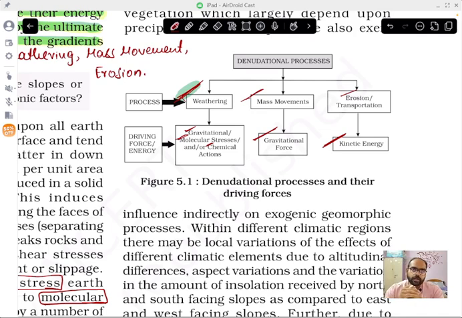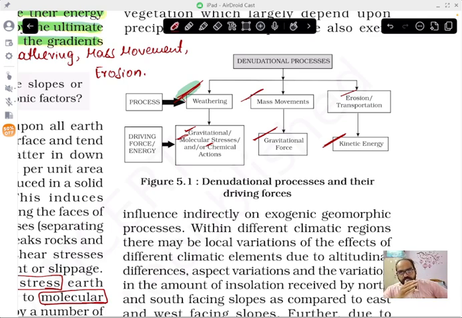Likewise, in the previous class we talked about geomorphic agents like wind, waves, ocean currents, running water, etc. If running water has a high amount of speed, it has high kinetic energy. The more the kinetic energy, the more the erosion. The more the speed of the water, the more it can erode the materials in the area that it is covering.